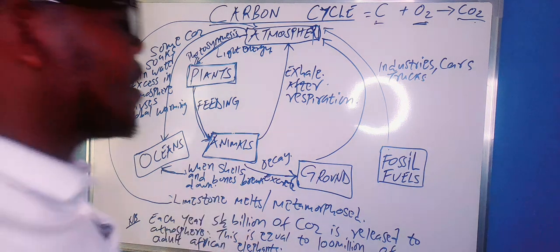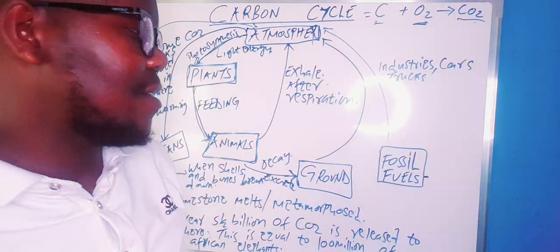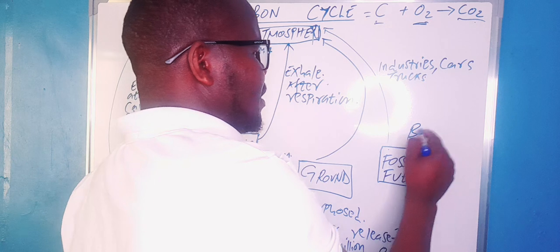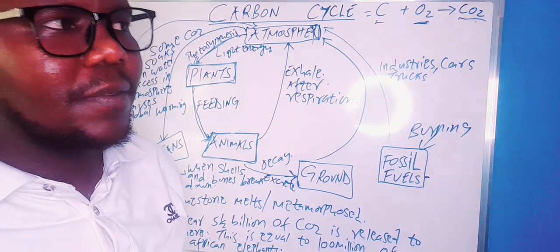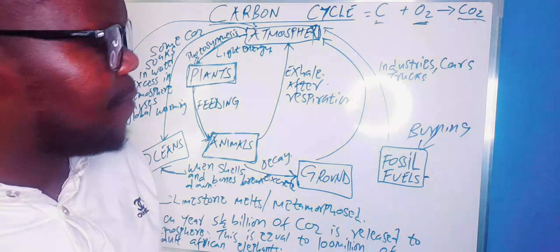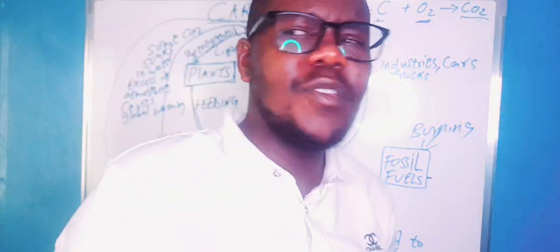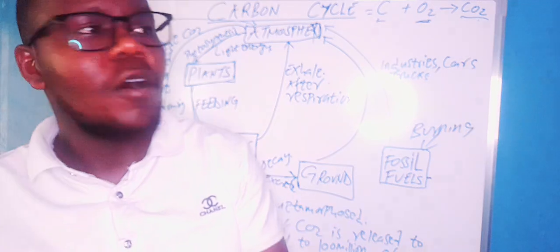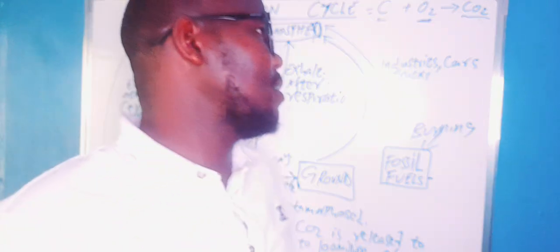Another one, we have carbon released from the burning of fossil fuels. Burning of these what? Fossil fuels. Especially the industries, cars, trucks, which are using oils, when they're burning those oils, the fuel, what will be released?